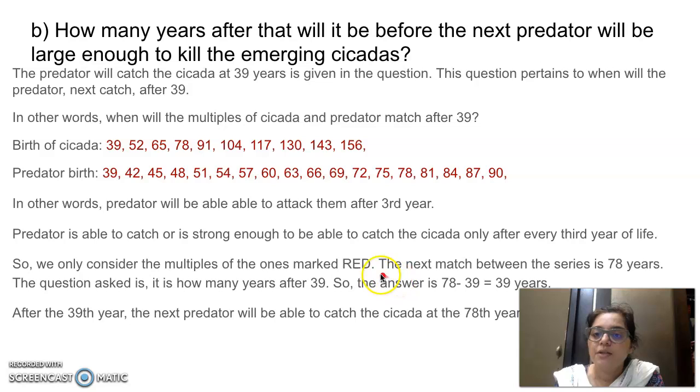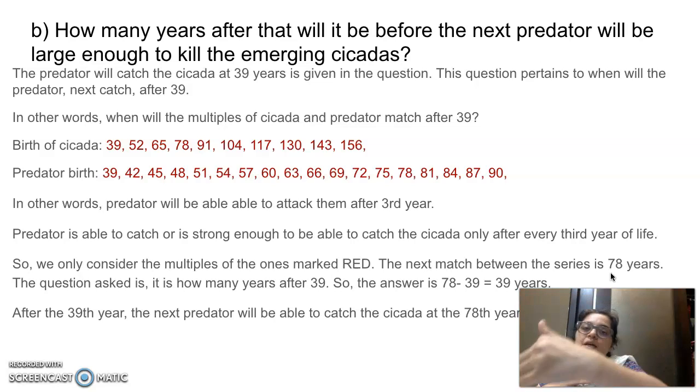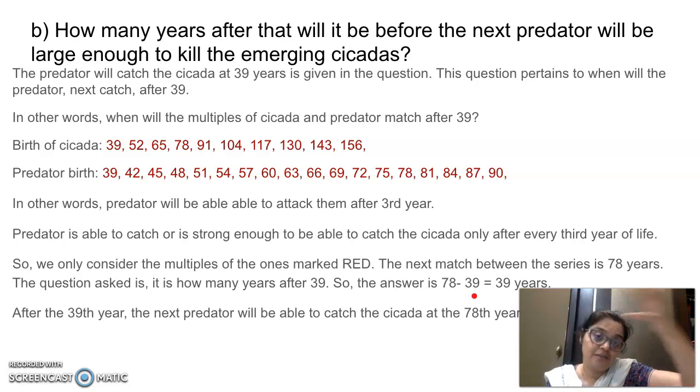So the next match is 78 years. But you and I know that the next match is 78 years, but are they asking that the next match is after how many years after 39? So that 78th year comes how many years after 39? So you subtract, no? Because now we are on the 39th year. How many years after 39? That is the question.